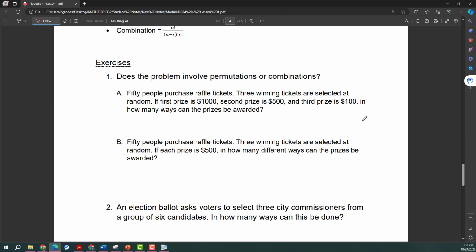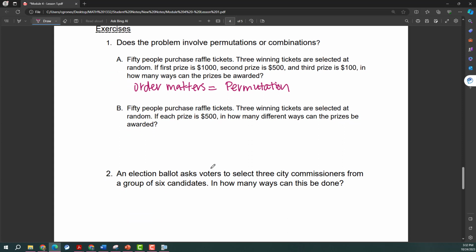So in this case, order does matter. So since order matters, is this a permutation or a combination? Permutation. Okay. So we would use the nPr formula. We're not going to actually calculate it. We'll calculate them down below.